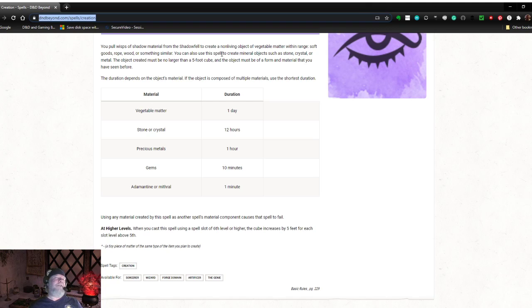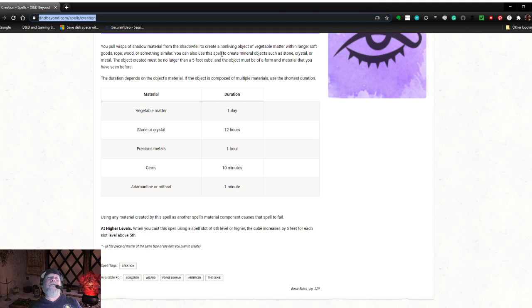Now another potential use for this would be in some sort of con worked along with a rogue, where you could create precious metals, create 5 cubic feet of gold, and you want to buy something from somebody, but you really don't want to pay for it.